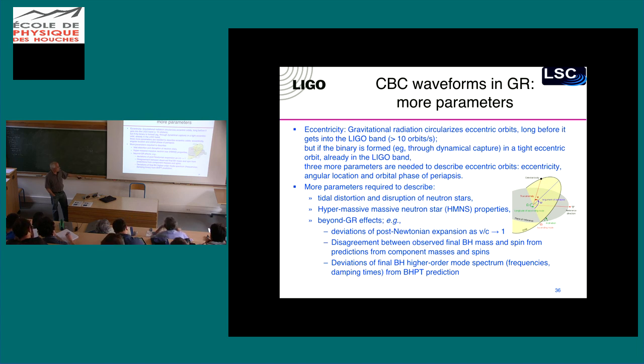You tell me the component masses and spins, and then from numerical relativity, I know what the final mass and spin should be. And deviations from black hole ringdowns, higher modes in the ringdowns, from black hole perturbation theory. And there's a long list. And damping times, the complex frequencies.